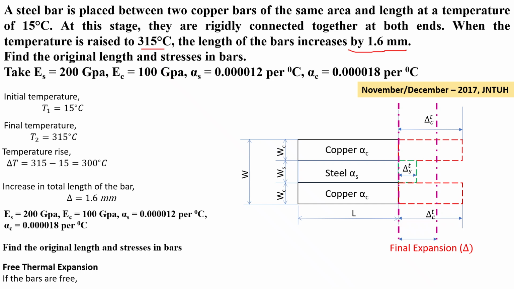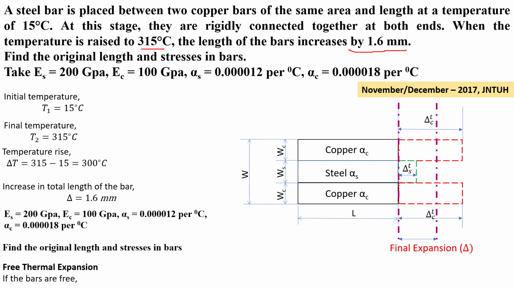So here, these bars are connected together, so it is like a composite bar. So the expansion of both the copper and steel materials is equal. That is the final expansion delta.